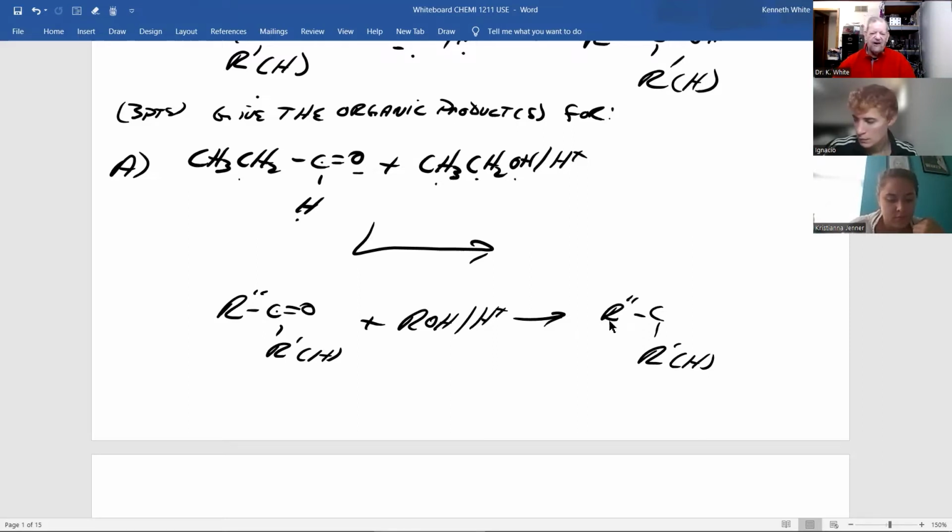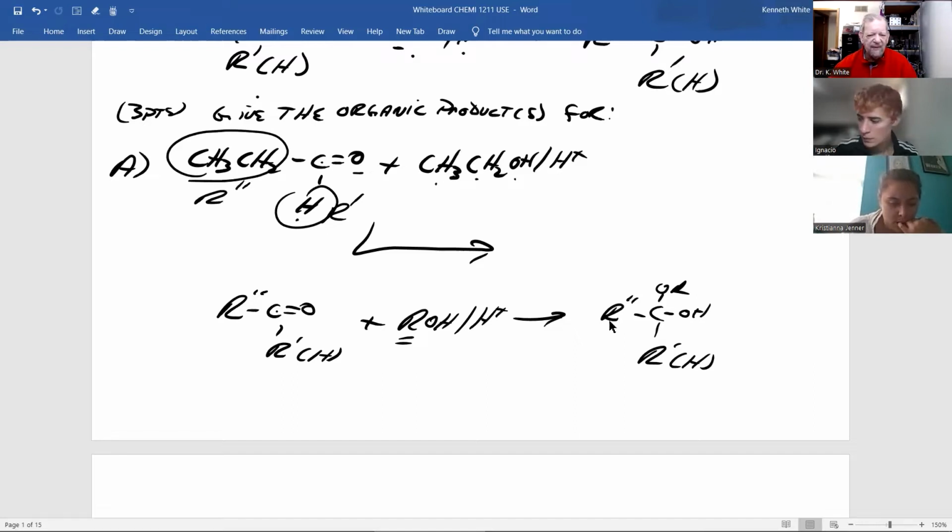Doesn't matter what you call R prime or R double prime. And now we have a hydroxyl group and oxygen and R from the alcohol. So this is my R prime, my R double prime, and my alcohol, my R. So the carbonyl carbon becomes this carbon.